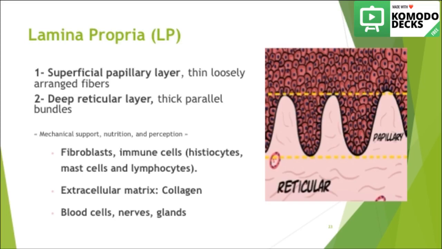Second layer after the epithelium is the lamina propria part of the oral mucosa. For descriptive reasons, this layer is divided into two parts: the superficial papillary layer, which is loose and thin collagen fibers, and the other layer, which is the reticular deep layer composed of thick parallel collagen bundles.